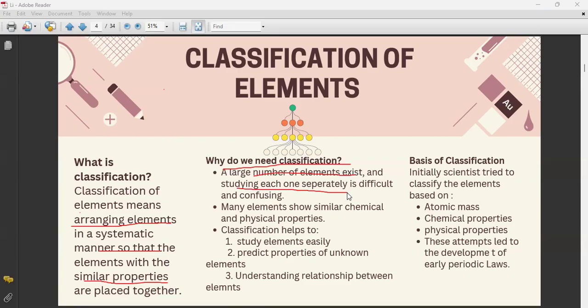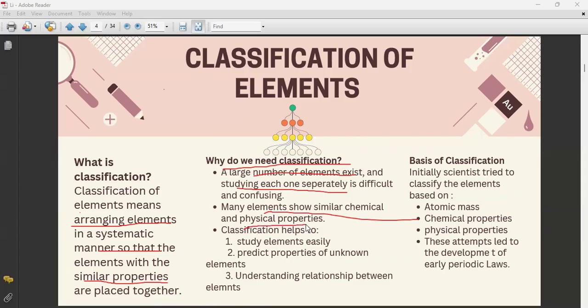So we cannot study every element as an individual. If I see similarities between the elements, I can group them together so that it will be easy to understand and study them. Many elements show similar chemical and physical properties as well.